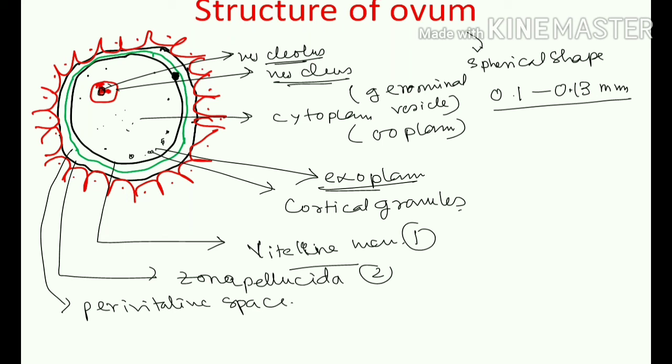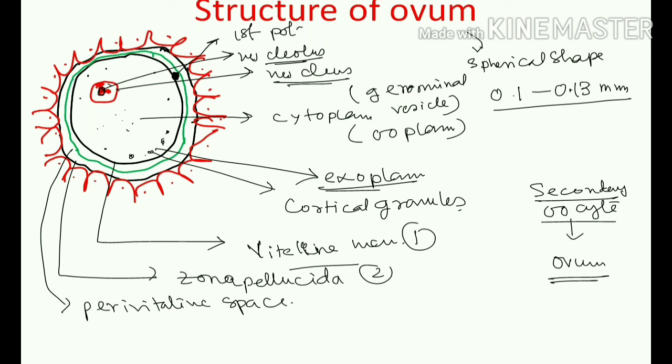This egg is released as a secondary oocyte. If it is fertilized with sperm, then it undergoes the second meiotic division and forms the mature ovum. At the secondary oocyte stage, there is a first polar body, which remains just outside the vitelline membrane.